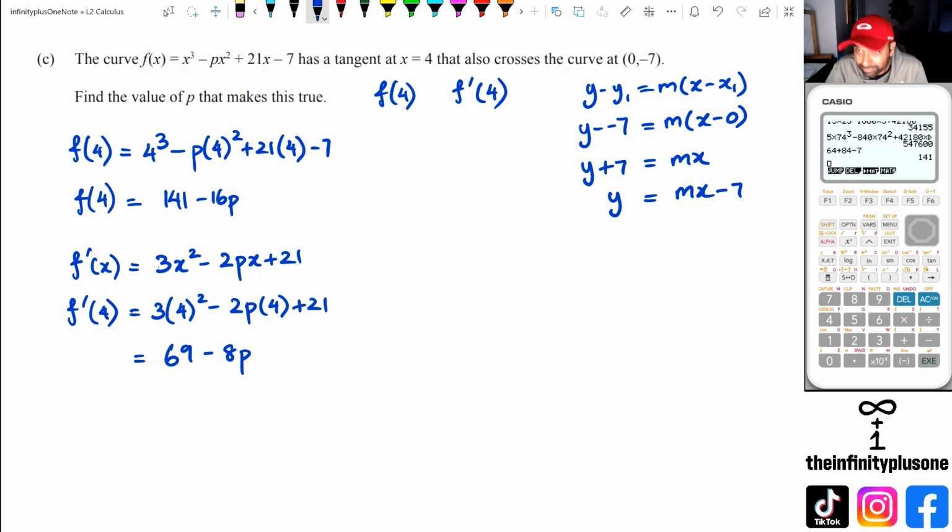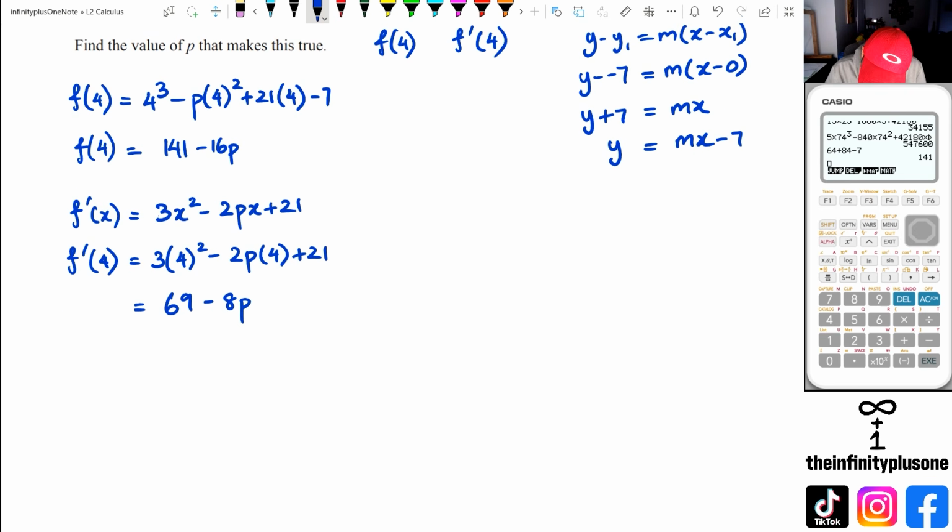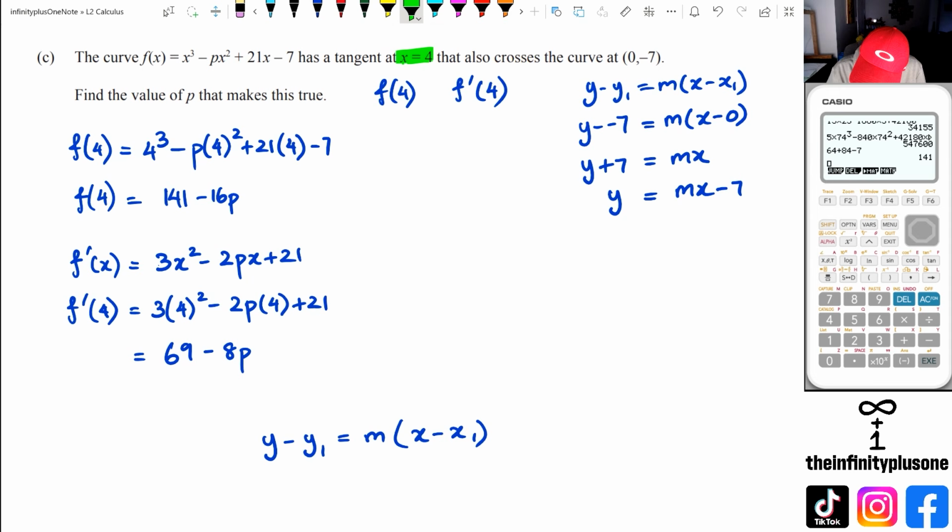Okay, so that's actually not too bad, because I've got the gradient, I've got the y value. So if you think about it like this, I'm going to rewrite this as y minus y1 equals m times x minus x1. So the x1 value is 4.